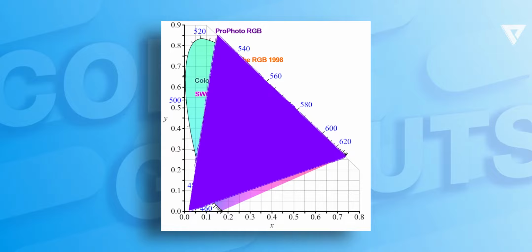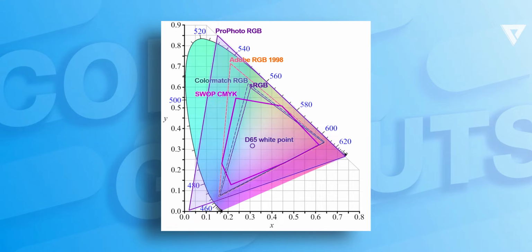ProPhoto RGB also contains colors that are outside the visible range as well. And the fifth type of gamut is Display P3. It has a range slightly bigger and more vibrant than sRGB. Also, it is widely used on iPhones after iPhone 7. The reason why you see different colors after saving the image is because of this.